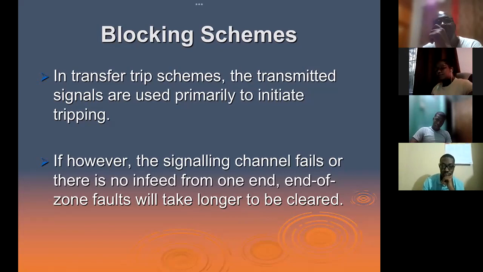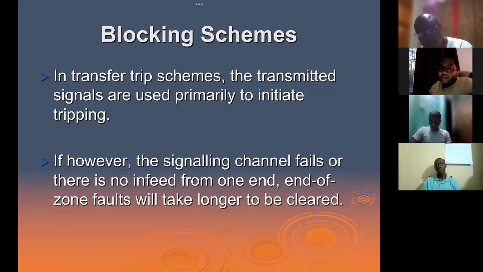And so by virtue of my $1 million question, it means that the blocking scheme would be the fastest because nothing is received instantaneously.